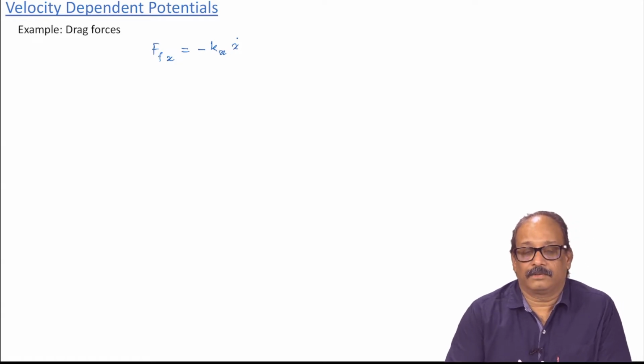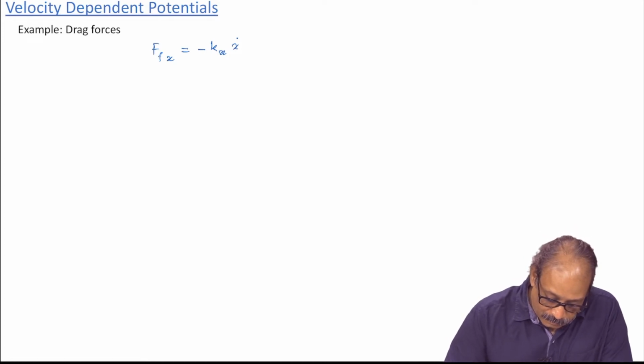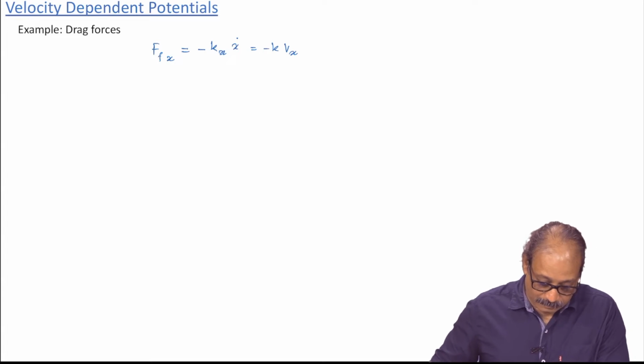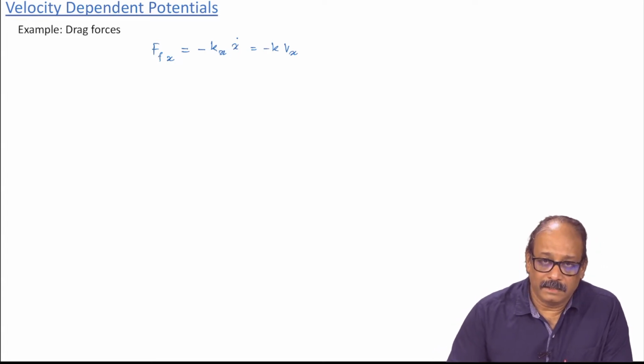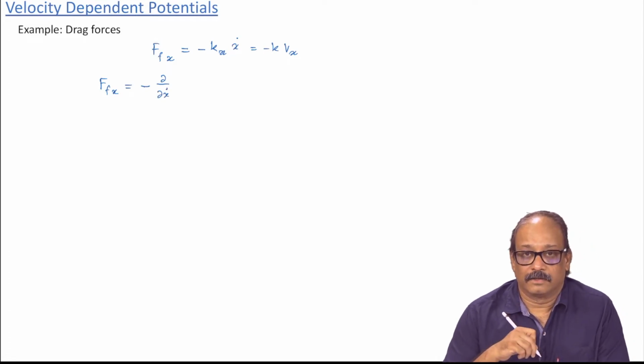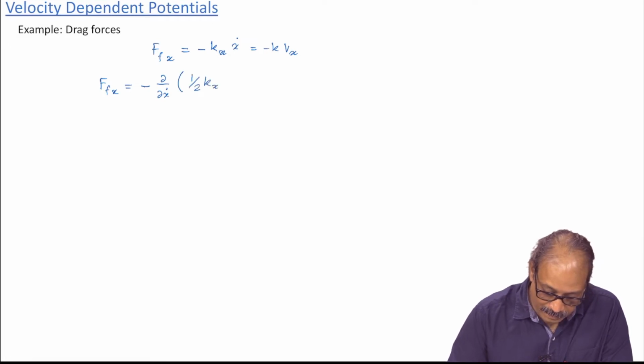Okay. Now, how to treat these kind of forces? There is again a simple idea. So, this I will write as minus Vx, V being the velocity and x component there. Okay. But you can see I can easily write this as minus derivative with respect to x dot, that is Vx, of half kx x dot square.